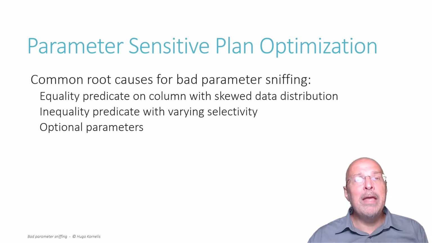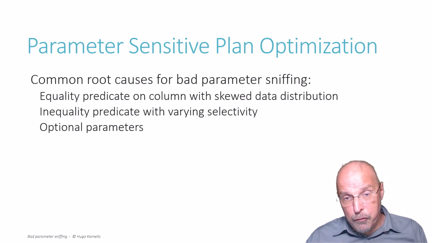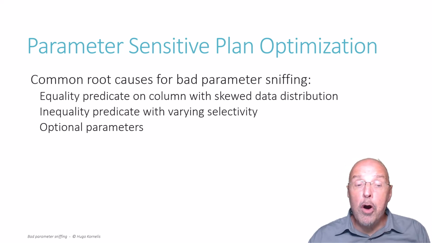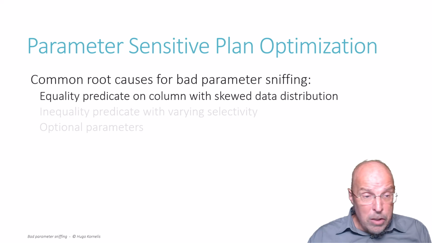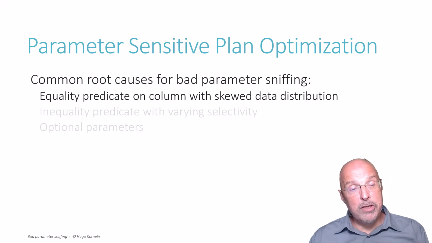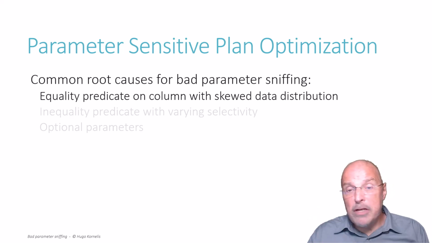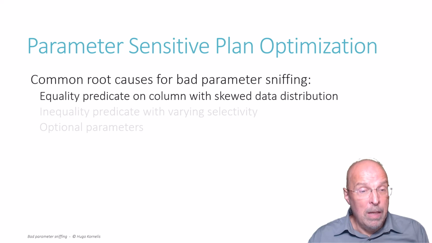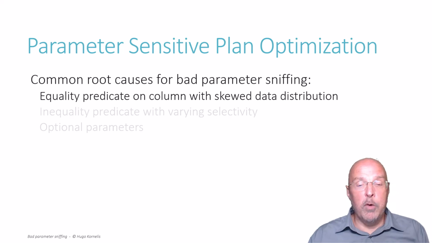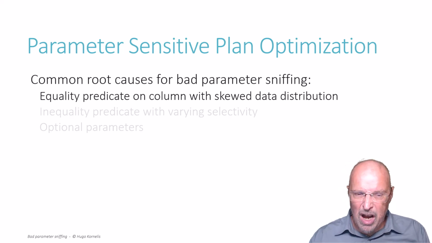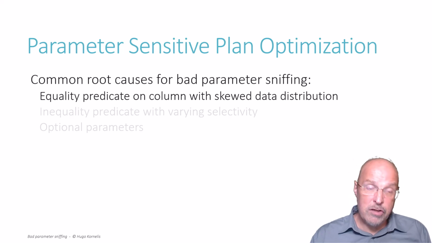Those are the three main reasons for bad parameter sniffing. PSPO addresses only one of them. So if you suffer from bad parameter sniffing due to inequality or optional parameters, this feature isn't going to do anything for you. Simply no. Only equality predicates on skewed columns are addressed in this feature.